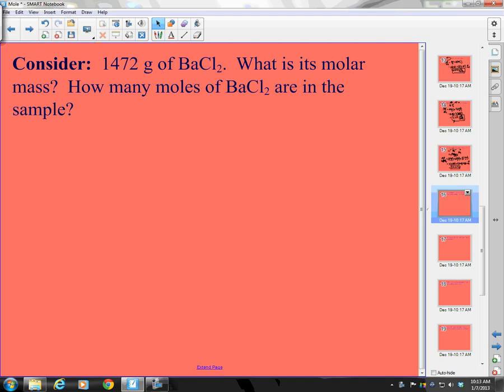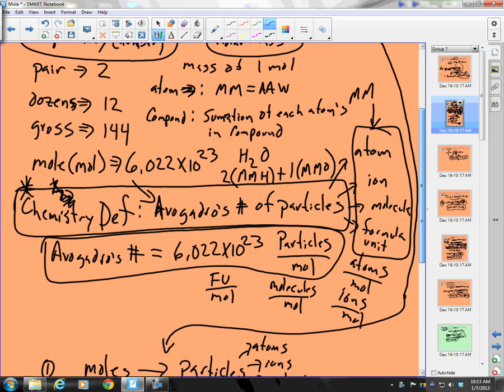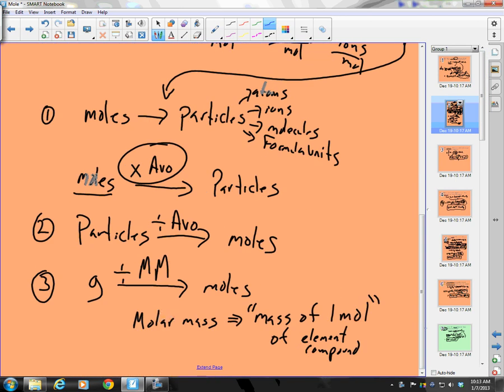Well, hello again, and this is part 3 of our exploration into the mole. So far, what we've learned is a definition for the mole. The mole is Avogadro's number of particles. Then we started talking about some calculations that we do with the mole. I can go from moles to particles by multiplying by Avogadro's number.